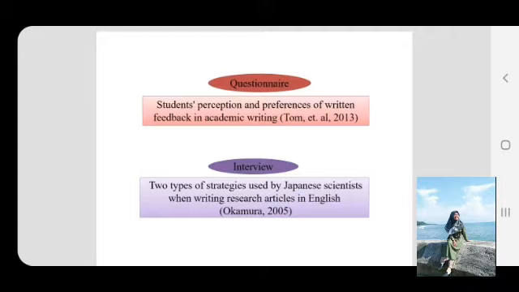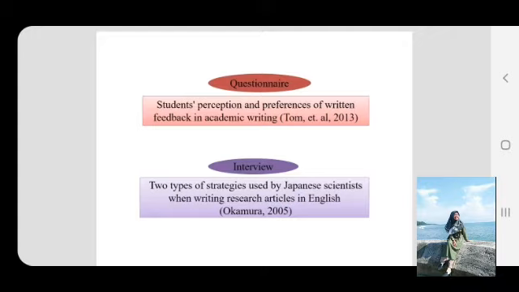The purpose of the study is to investigate ESL third-year students' perception on the importance and effectiveness of written feedback in the year academic writing assignment. The researcher collect the data through questionnaire toward 34 diploma students.